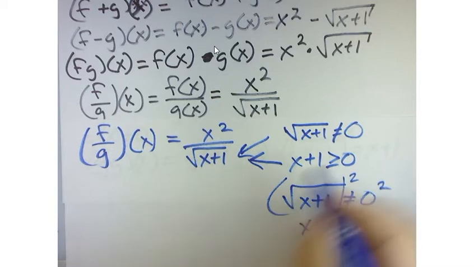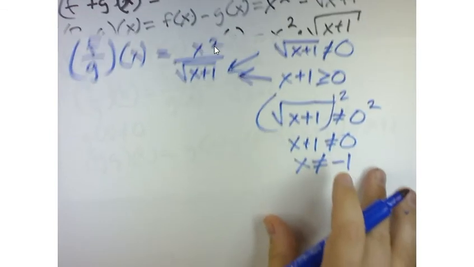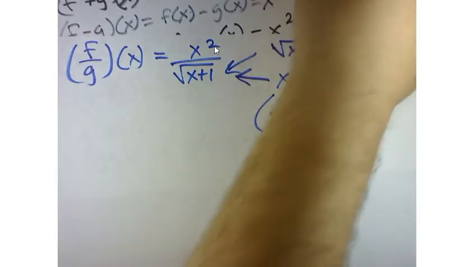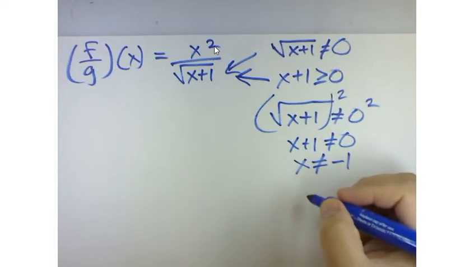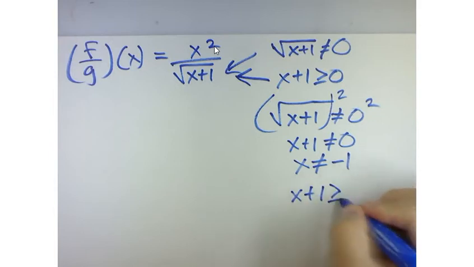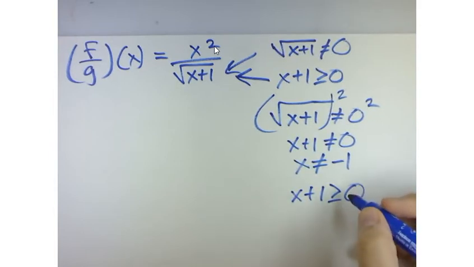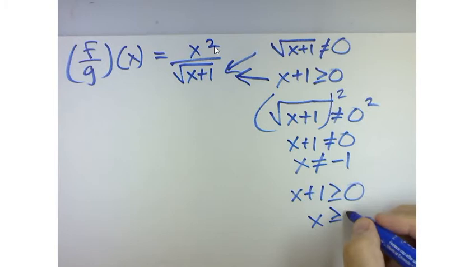Okay, this is the second thing we have to consider. The second thing that we have to consider is that x plus 1 can't be a negative number, right? So I solve this and I get x has to be greater than or equal to negative 1.